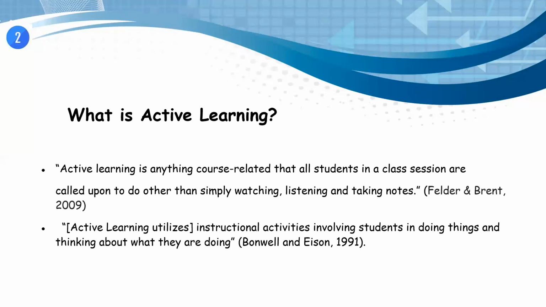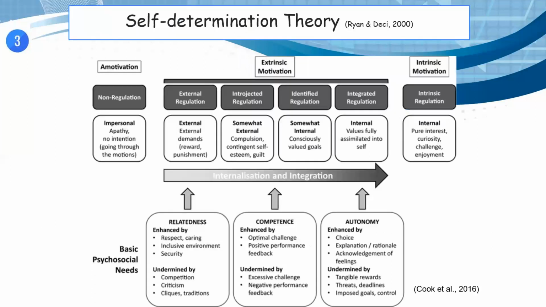Okay, now let's move on to factors affecting student motivation, one of the key principles in achieving favorable student outcomes. Here we have one of the leading models of motivation, self-determination theory by Ryan and Deci.